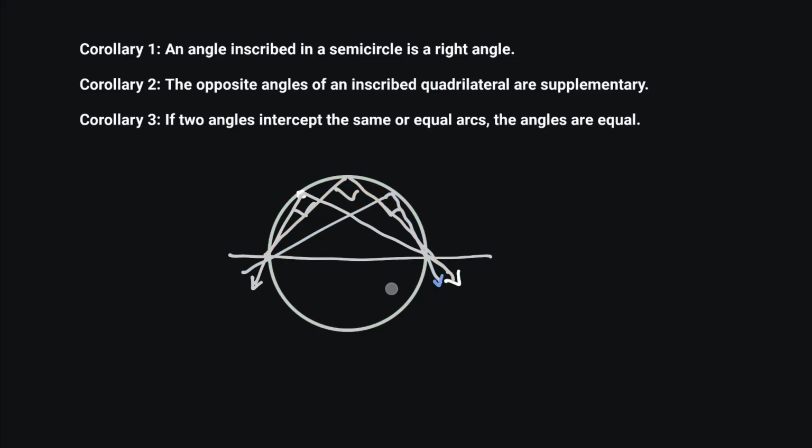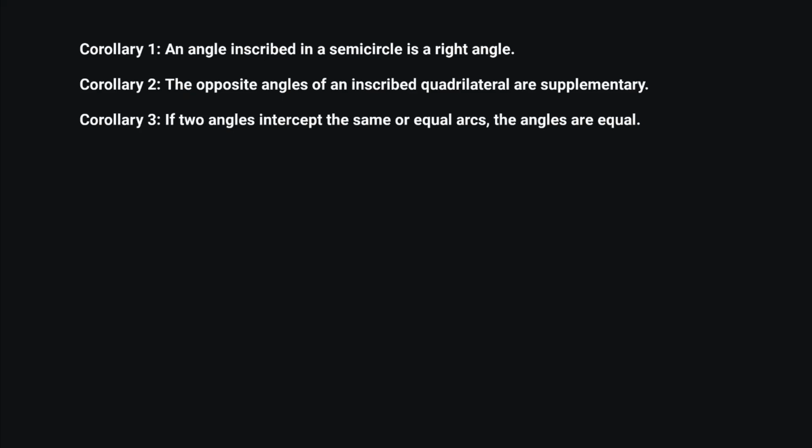Okay, so let's draw another circle. What about the second corollary? The second corollary says the opposite angles of an inscribed quadrilateral are supplementary. This one is also interesting because if we have, oops, it's more like an oval. All right, this one is better. So maybe we have a quadrilateral like this.